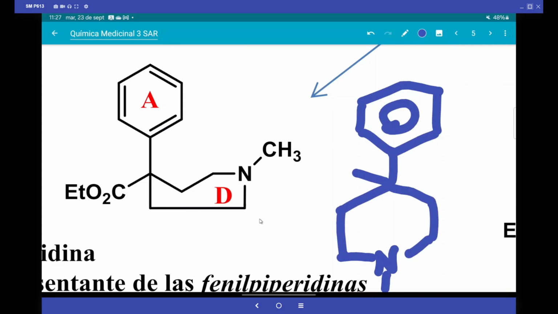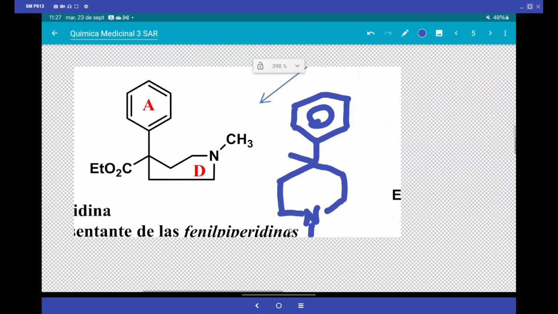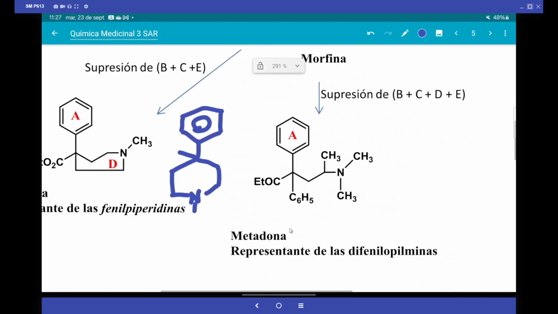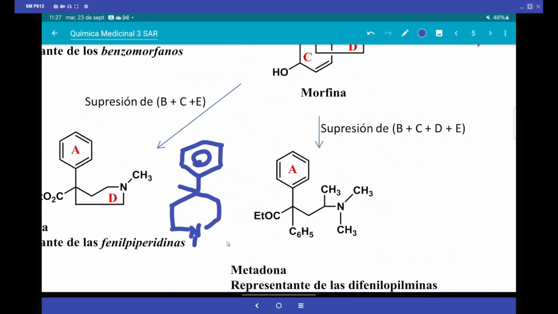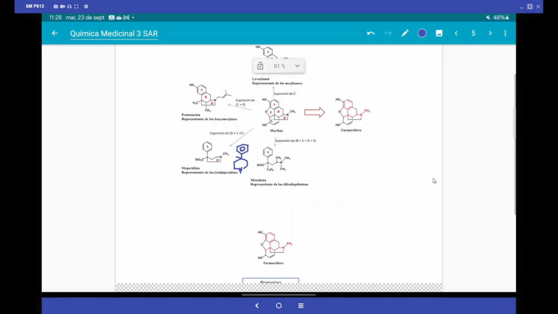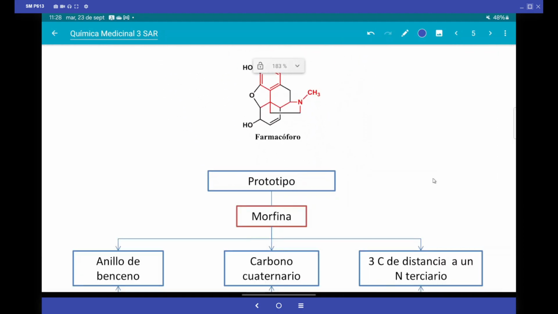Very well, it is a piperidine. Then we can see that the simplification is reaching its maximum level when we open the piperidine ring. If we eliminate the benzene, the activity is lost. Then, in that way, there was an aromatic ring, a quaternary carbon, and including the quaternary carbon, 3 atoms of distance towards a protonable nitrogen atom. And that is why there is the pharmacophore marked in red in that way.